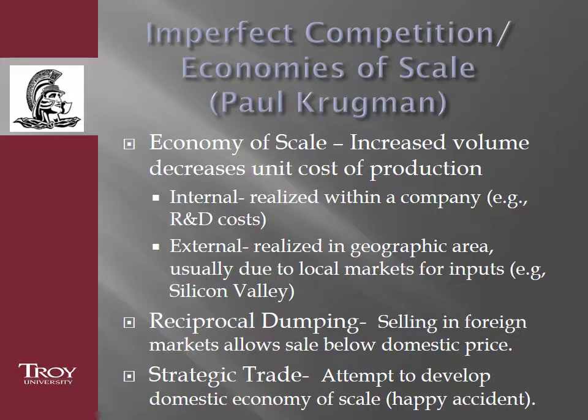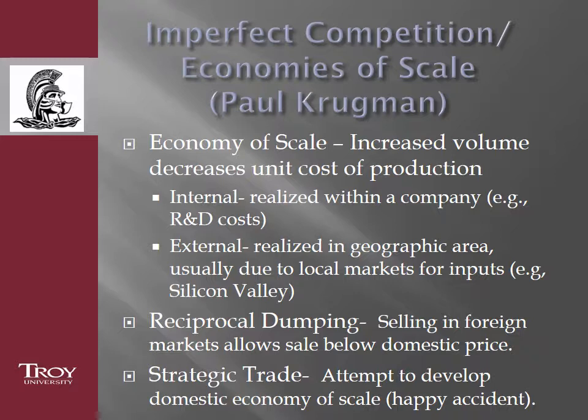And this leads to what Krugman has called reciprocal dumping. And here the idea is just that everybody has their own little specializations, and the key thing about these specializations is there's no logic to them. There's nothing inherent about one company over another.